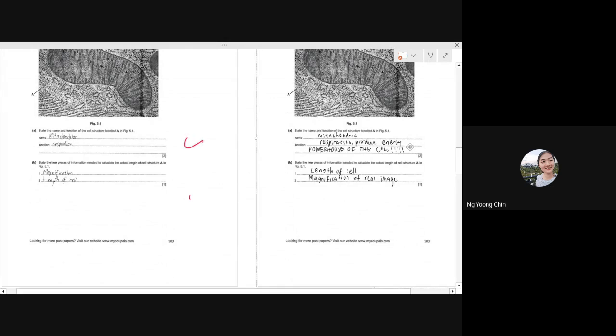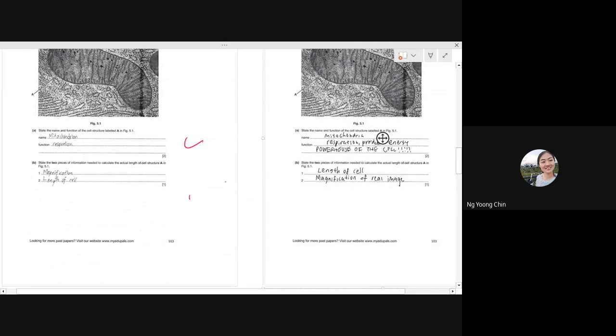Both of you, I can see that the answers you wrote are quite correct and accurate, but you can describe more. In biology we always encourage students to describe in more detail.